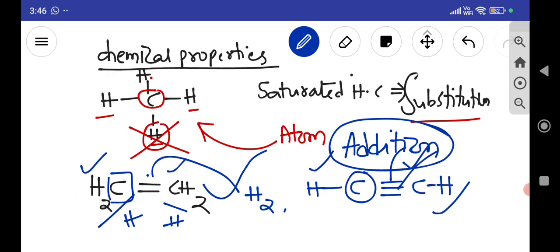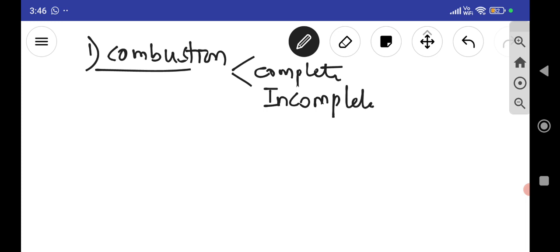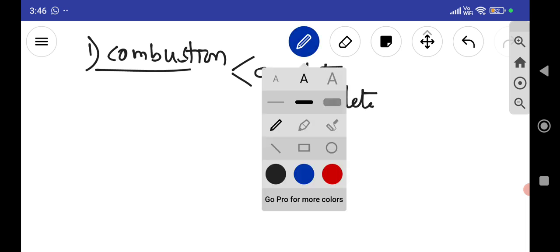Now let us start the chemical properties of methane and ethane. The very first one is known as combustion reaction. In combustion reaction, you can have 2 things. Number 1, if you take enough oxygen, we will observe complete combustion, and if you take insufficient oxygen, you will have incomplete oxidation or combustion.